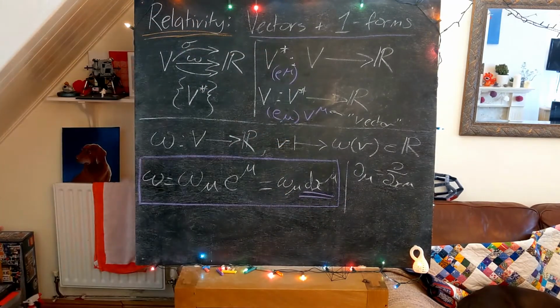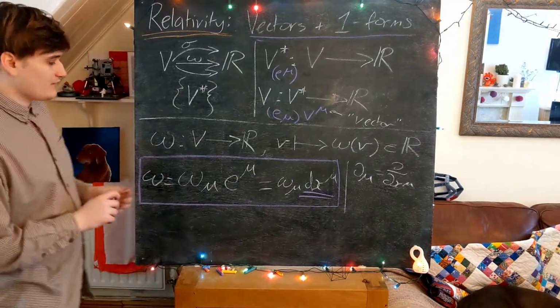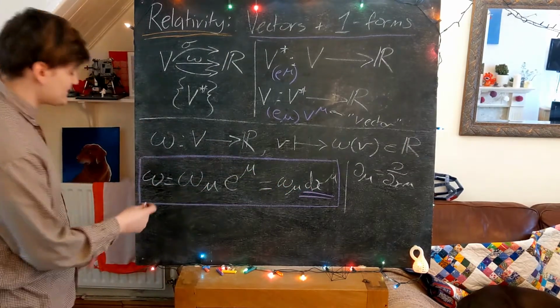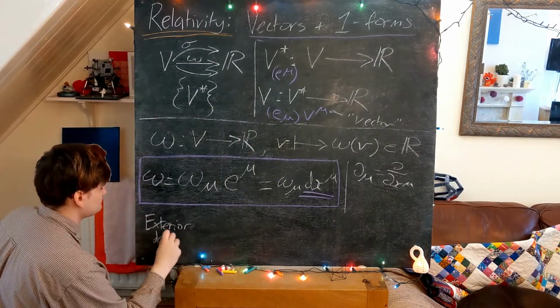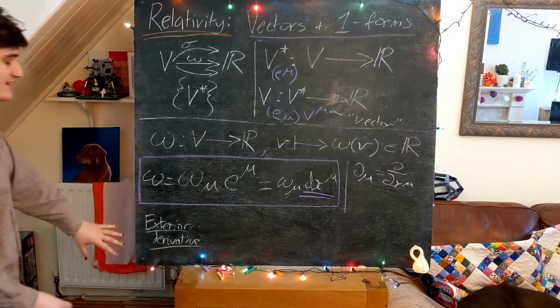Now how should we understand and think about this object dx mu? Well, this d, which I've written here, does have a concrete definition. It's known as the exterior derivative. I've made other videos covering the exterior derivative in much more detail.